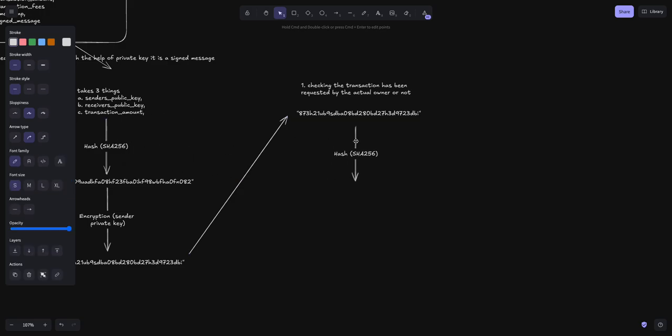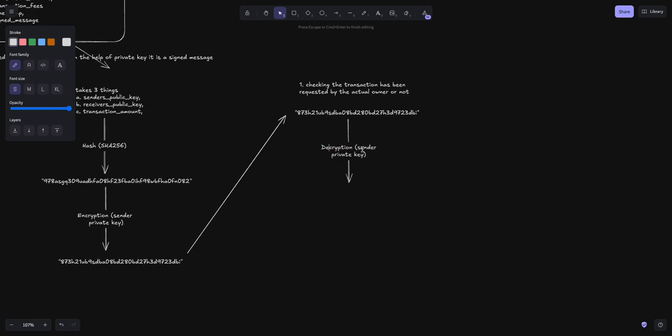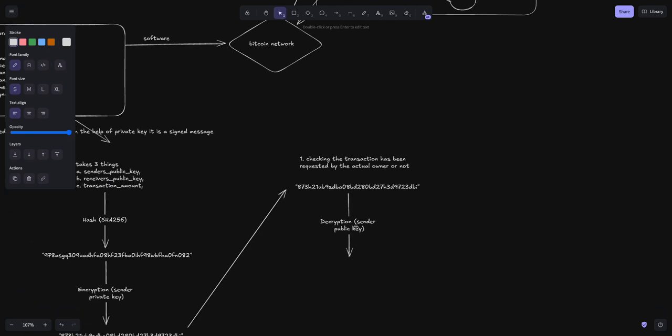It will do the decryption, which is the opposite of encryption, with the help of the sender's public key, because decryption is done with the public key.